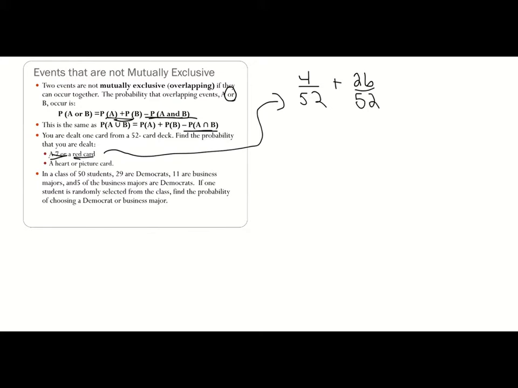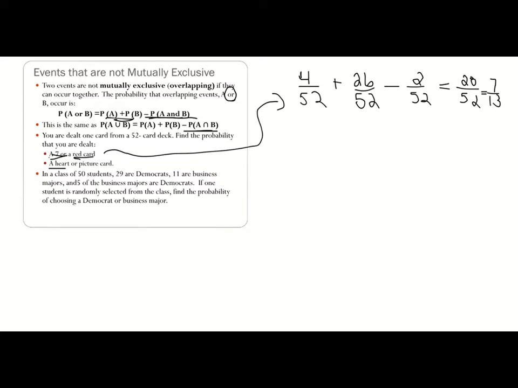But 2 of my 4 sevens are also red cards, so I counted them twice. My overlap is 2 out of 52. So when I do the math, I end up with 28 out of 52, which simplifies to 7/13.